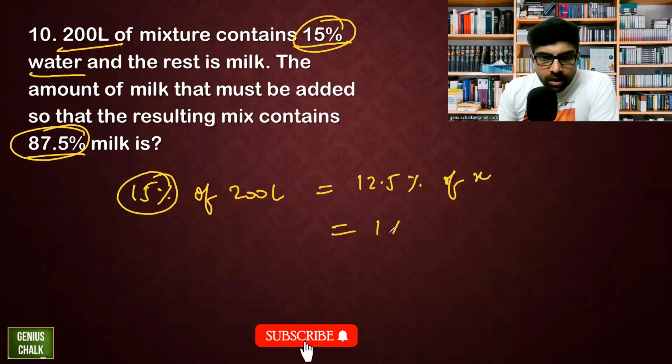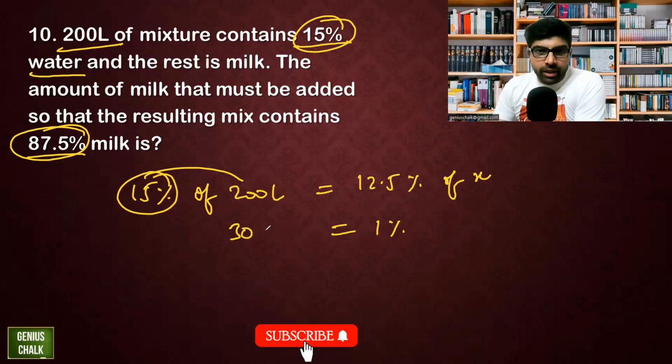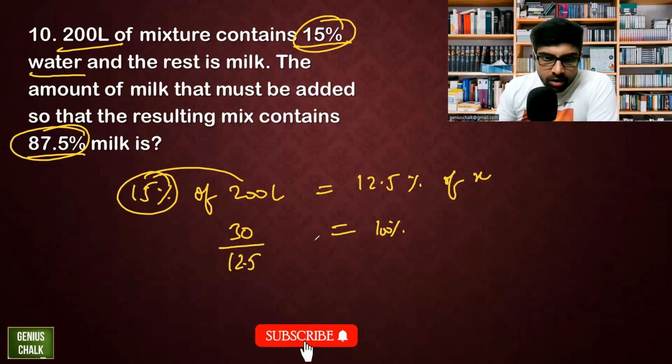So what is 15% of 200? This has to be 30 liters. So 30 liters equals 12.5% of new, and we have to find total X of 100% value, right?